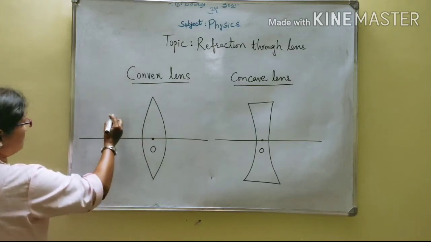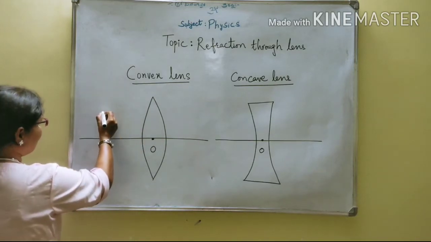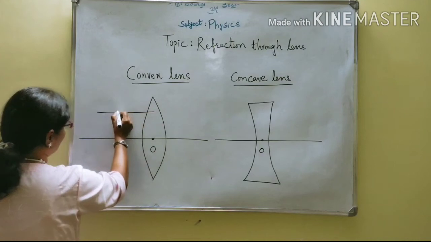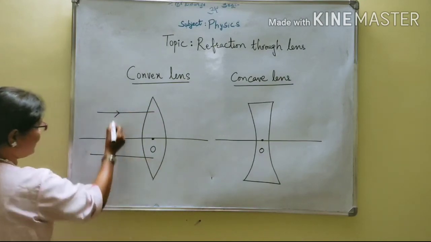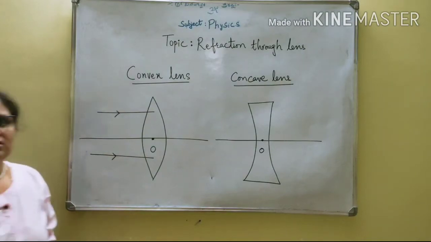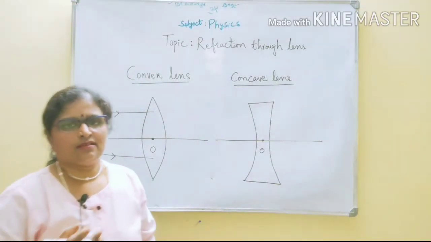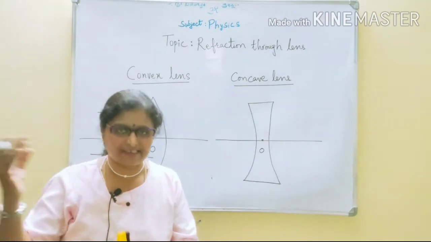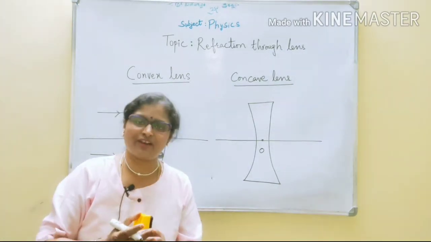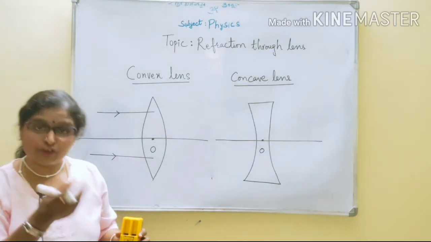So, let us draw the incident rays. These two are the incident rays. Basically, the incident rays emerge from a source of light. Maybe the natural source of light is the sun or any artificial source of light like the candle or mercury lamp.